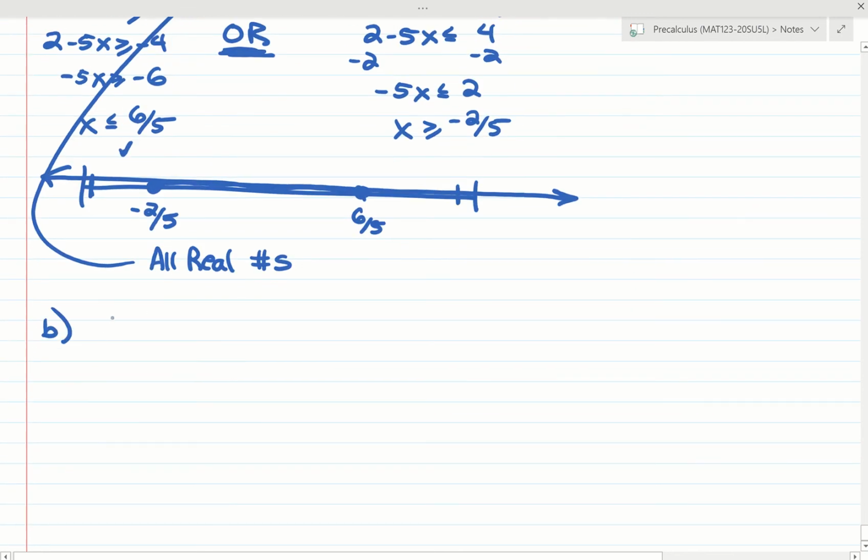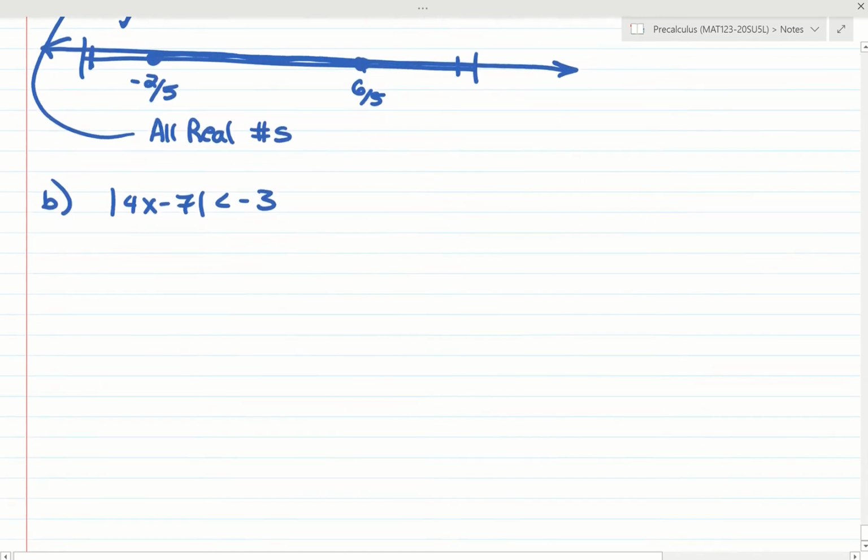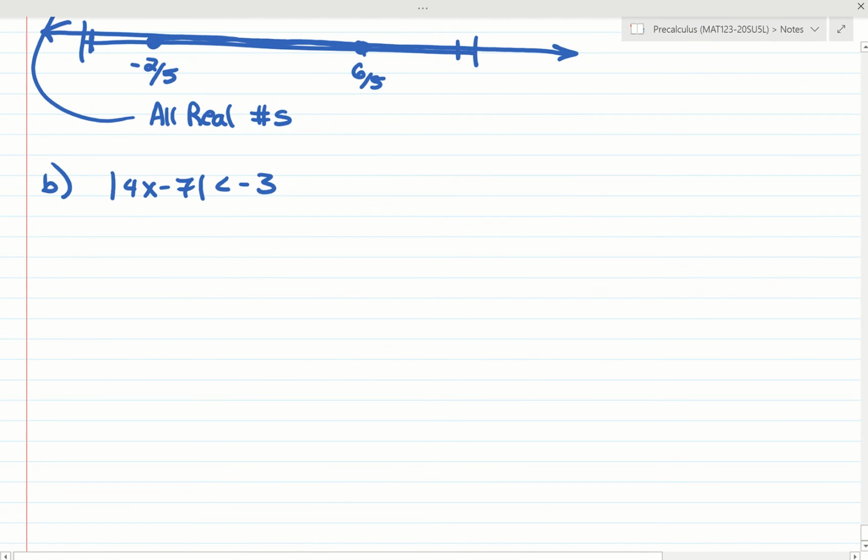What about a problem like this? The absolute value of 4x minus 7 is less than -3. Well, absolute value can't be less than -3, so right away I'm seeing like a red flag here. Let's break this up and say 4x minus 7 is less than -3. We'll keep everything exactly the same.